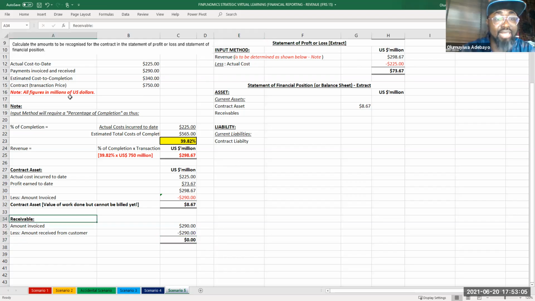Now, there's a thin line between your receivable and your contract liability. And we're going to see it later. But in this question, our receivable is nil.